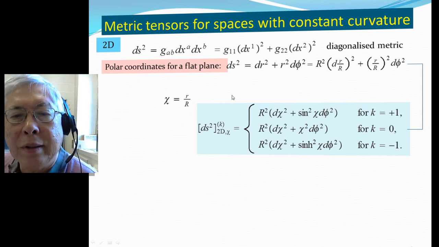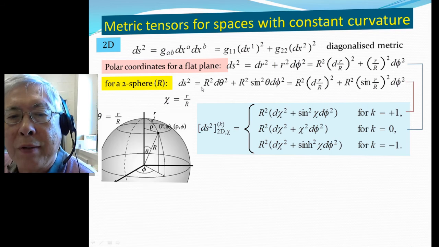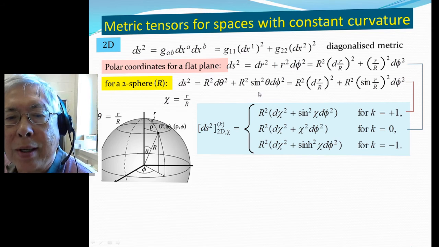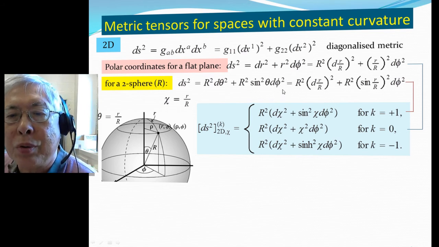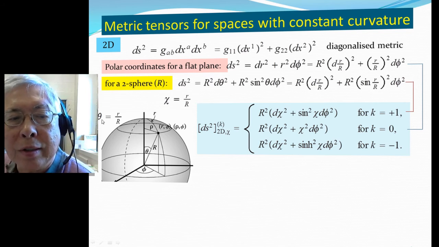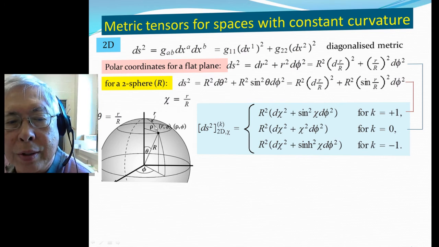But for the spherical surface, in polar coordinates we have r squared d theta squared plus r squared sine squared theta d phi squared. Again, we choose to write theta equal to small r, the radius over there, divided by the radius of the sphere.